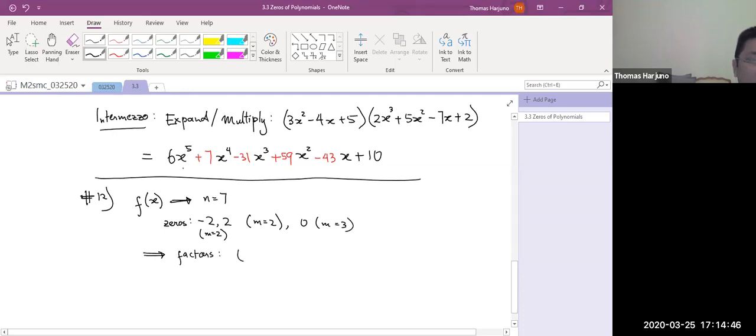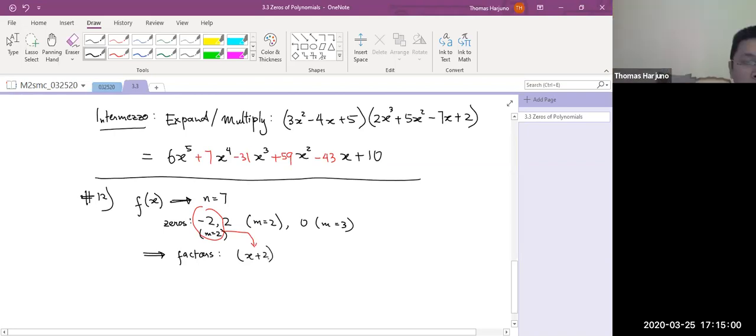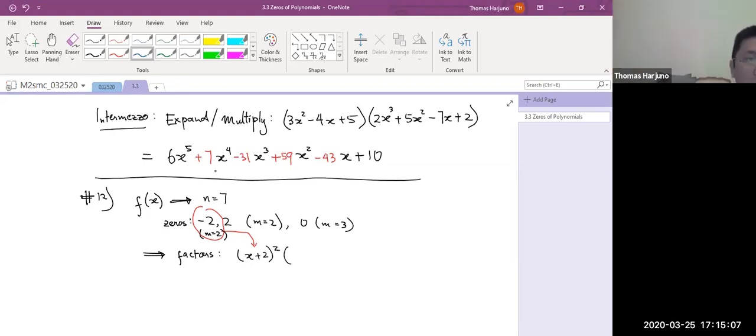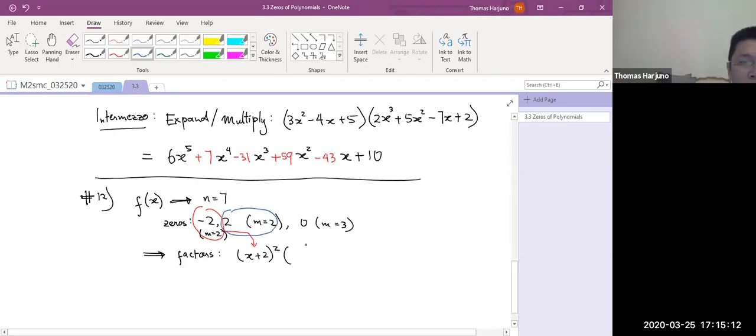The factor corresponding to x equals negative 2 will be x plus 2. What does the multiplicity do? Square it, that's right. The next zero gives x minus 2 squared.